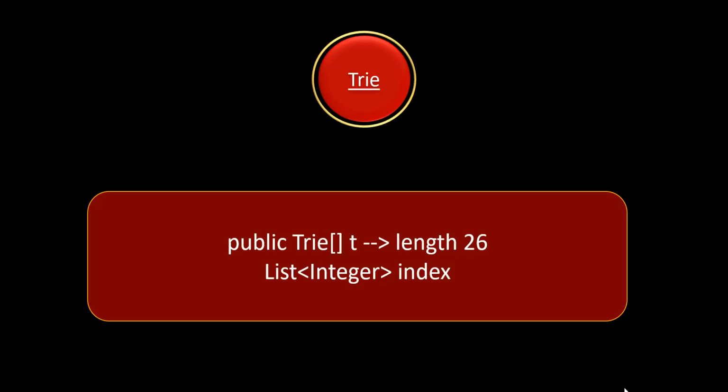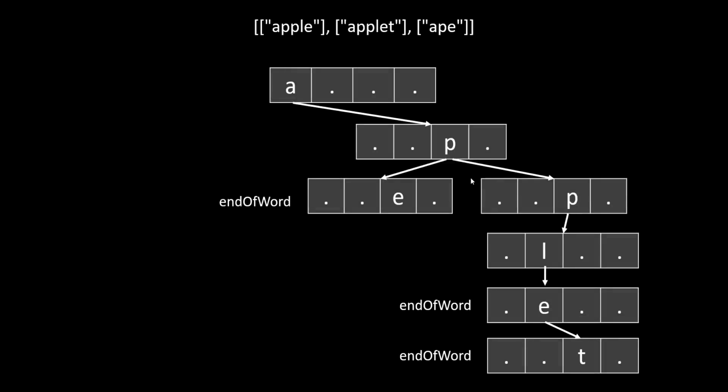Now let's see the basic implementation of trie. So in general, a trie can be represented like this for these particular words, wherein you will be storing apple, which would be like a, which is connected to an array of characters wherein you have the data for p. Then this p is getting connected to e, which gives you ape.